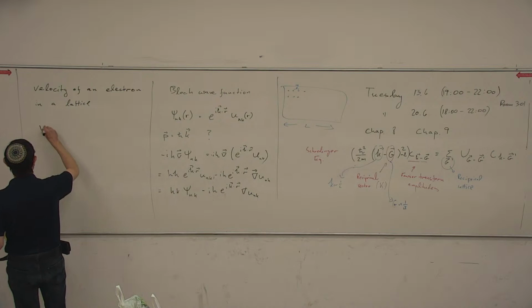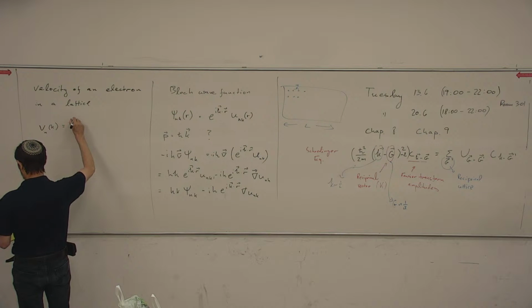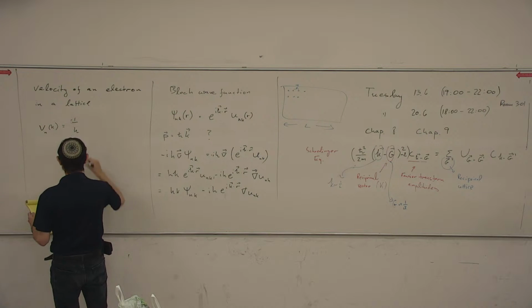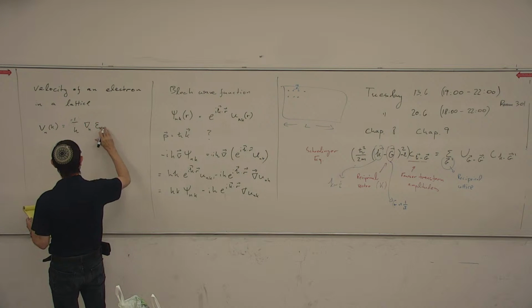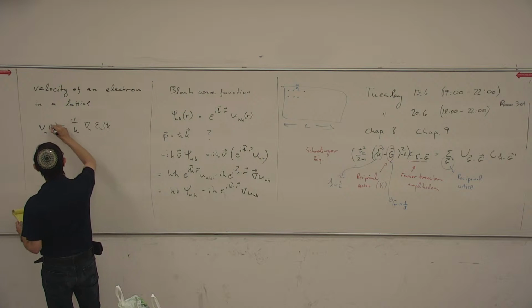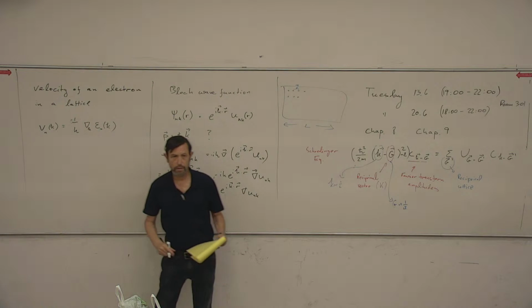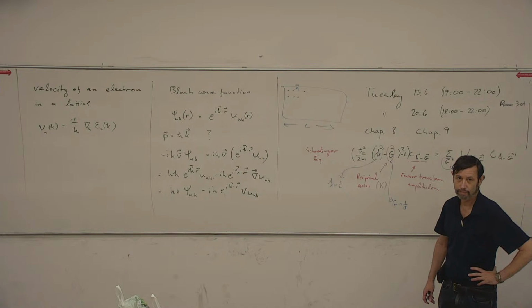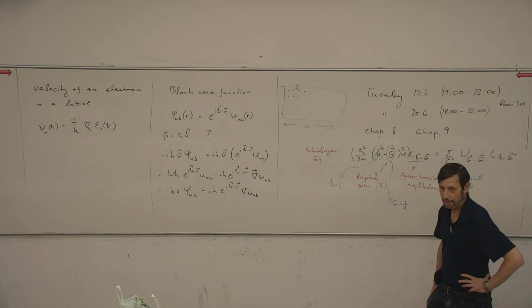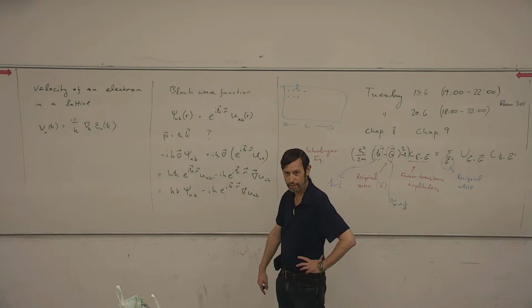So it is the gradient of the dependence of energy on K. Which reminds you of something that you have seen in waves.